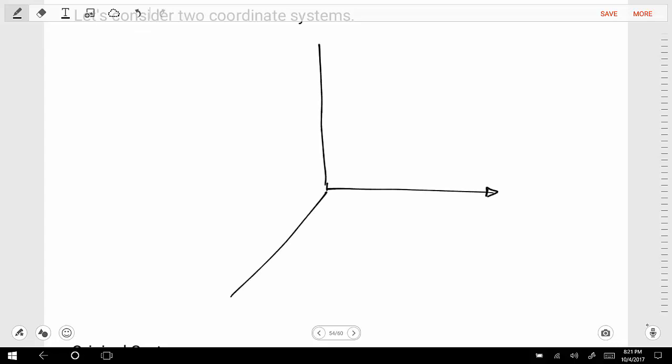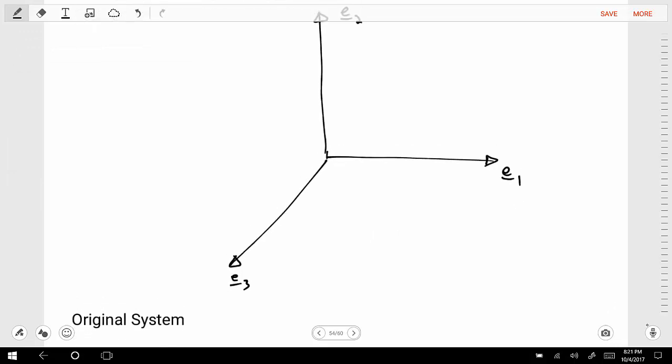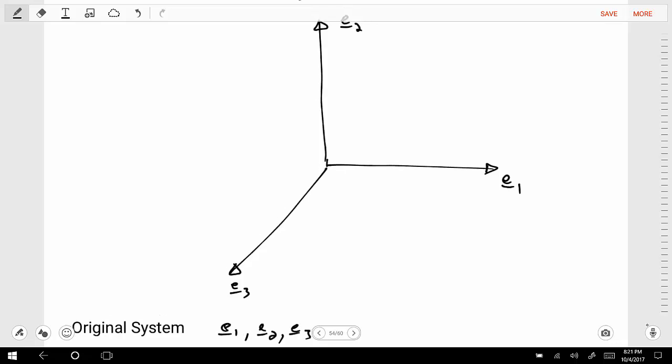We all draw our normal little set of orthonormal vectors, where we have a base vector E1, a base vector E2, and a base vector E3. So that's one coordinate system, and we can say that's our original system here. So let's say E1, E2, and E3 is our original coordinate system.